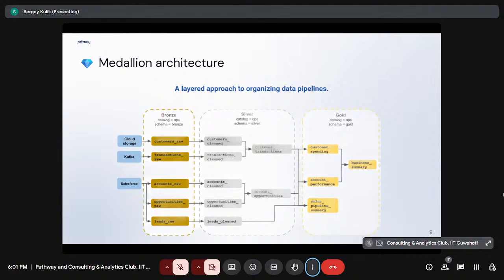So gold is about having the data that can be directly used by some non-technical person. So you created a dashboard, and this is the data source for this dashboard. So it's the final result of our transformations. While silver is just the data from bronze, which has been cleaned and prepared a little bit.